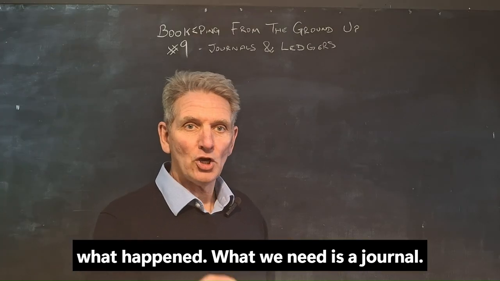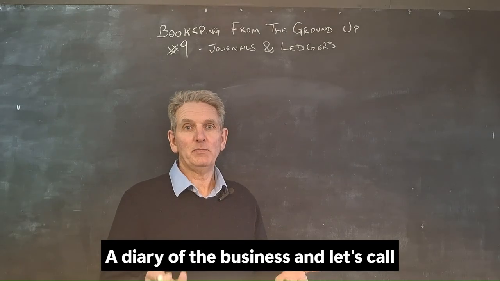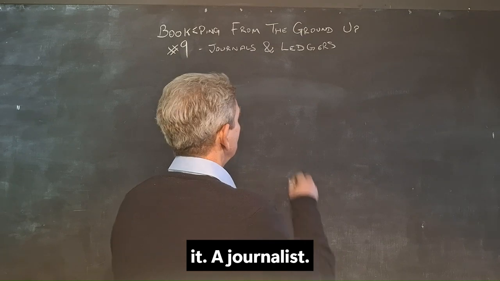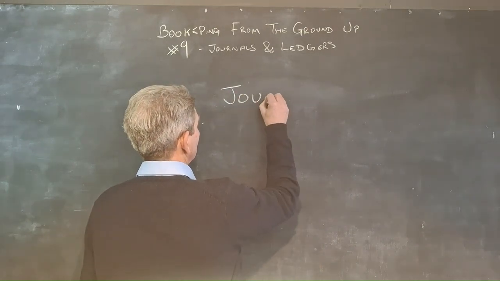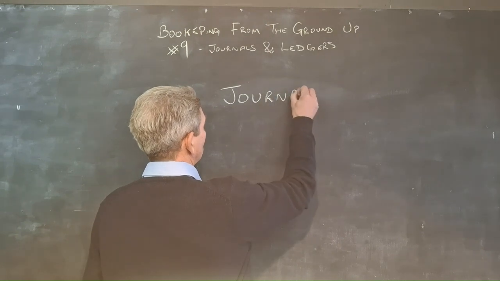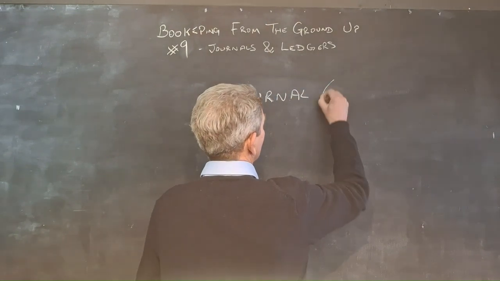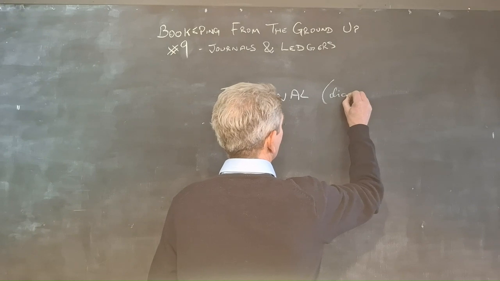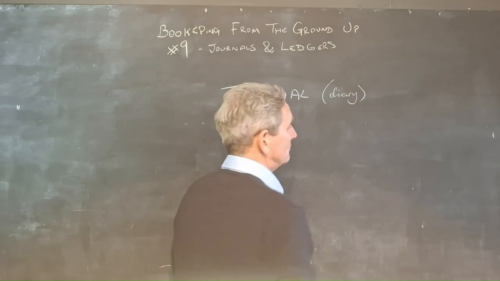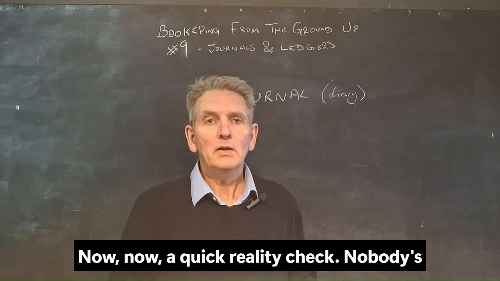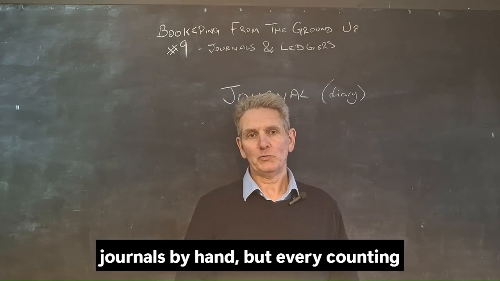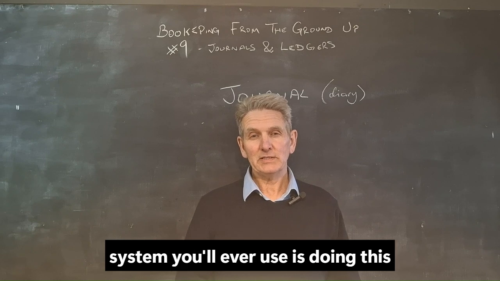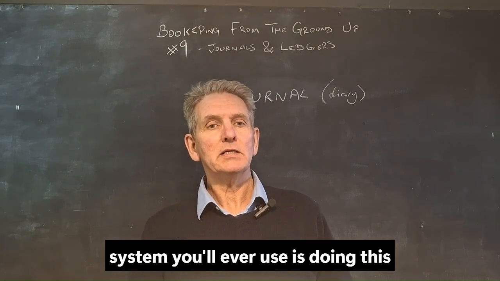What we need is a journal, a diary of the business. Now, a quick reality check. Nobody's sitting down today writing hundreds of journals by hand, but every accounting system you'll ever use is doing this underneath.